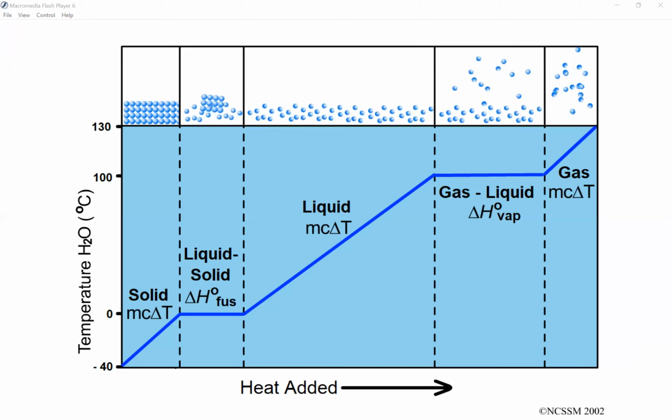Now, if the pressure increases, then it will take more energy to produce enough gas to escape the liquid state. So if there's a higher pressure, then it takes more energy before the water actually boils.